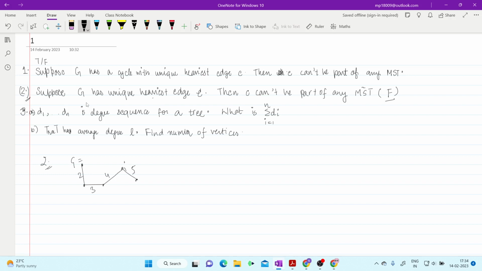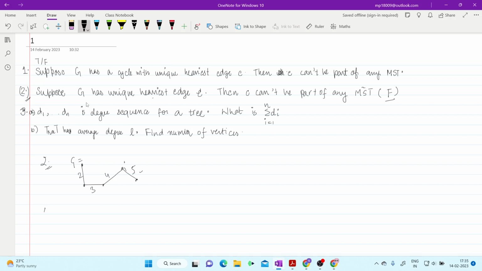The spanning tree is this tree, the graph itself. So we see that the minimum spanning tree of this G has the heaviest edge. So this statement 2 is not always true. This is false. We can't say that any minimal spanning tree won't have the heaviest edge.